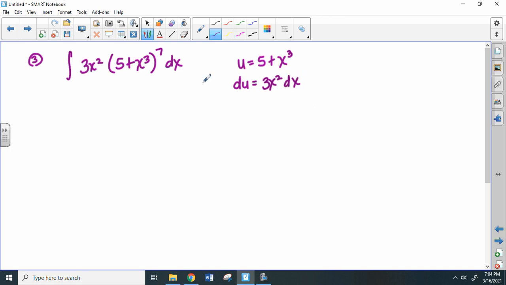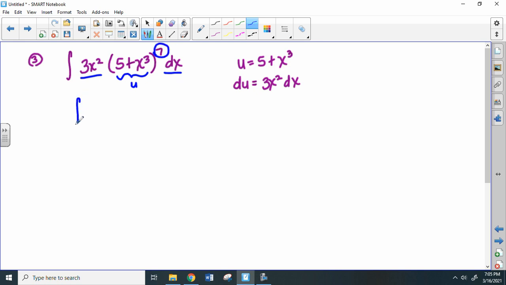Okay, so it looks like I do in fact have du. Du is the 3x squared times the dx. And remember, this piece is the u, so I still have to use the 7.